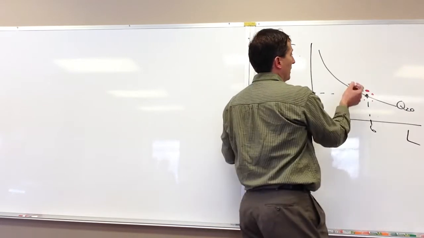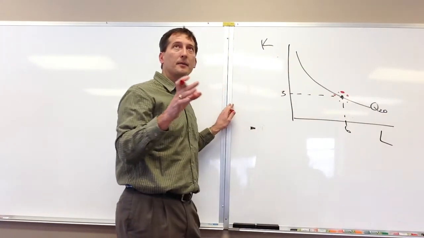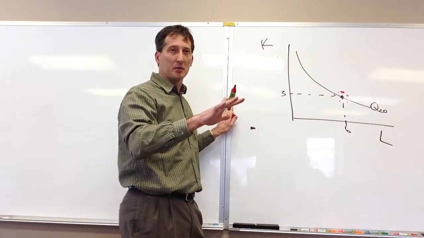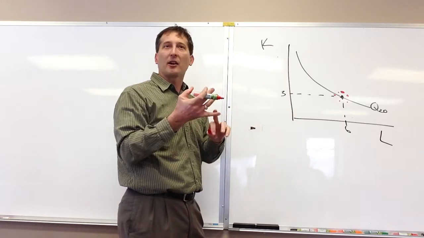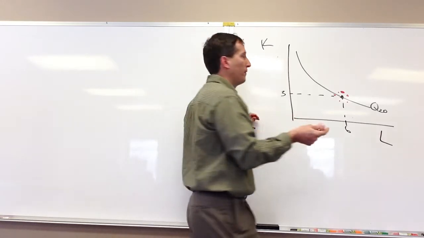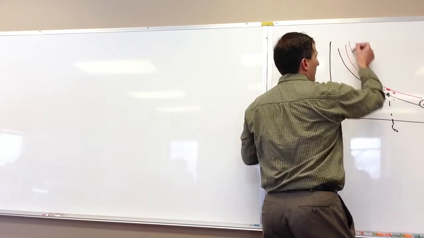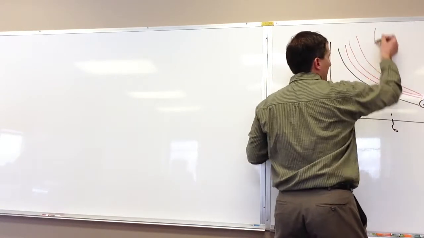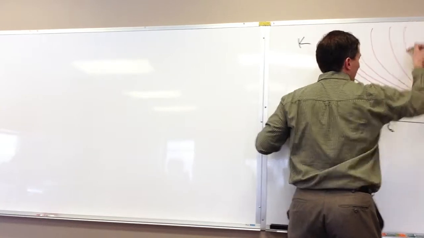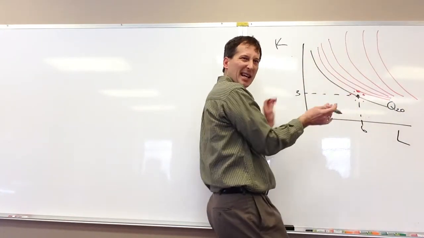Because with a shift, we get into the similar axioms that we had for consumer preferences. Isoquants can't cross each other. There's a whole family of curves, and the family could end up doing something like this, possibly, depending on the technology.